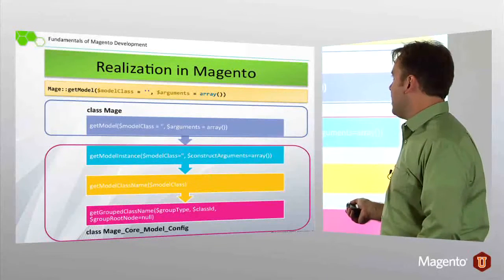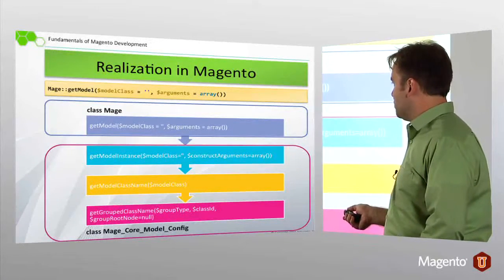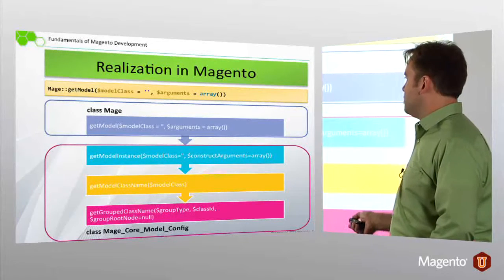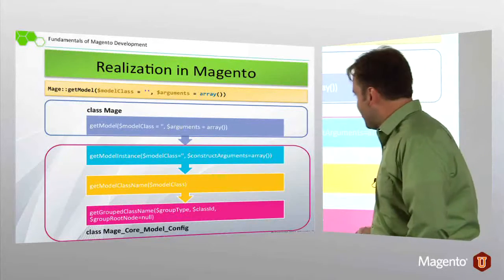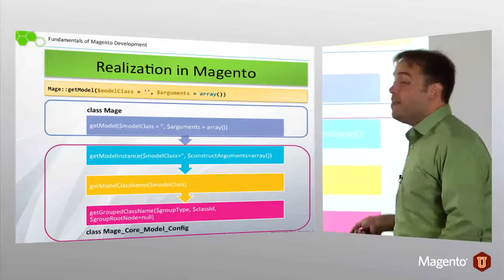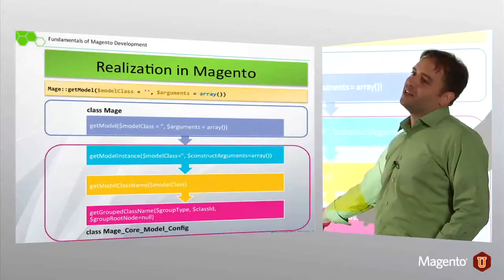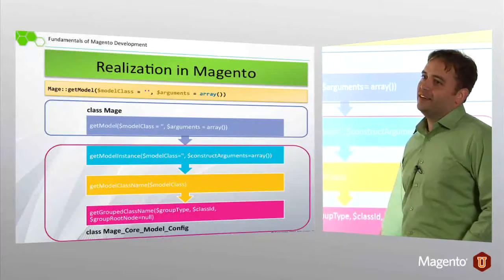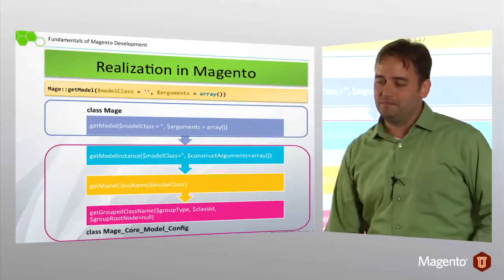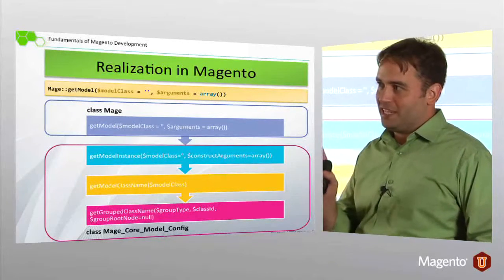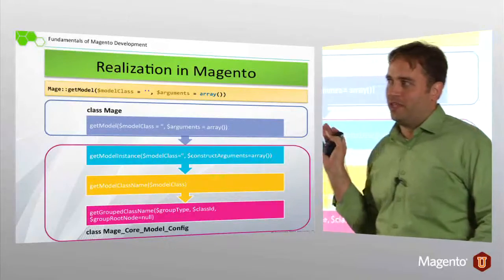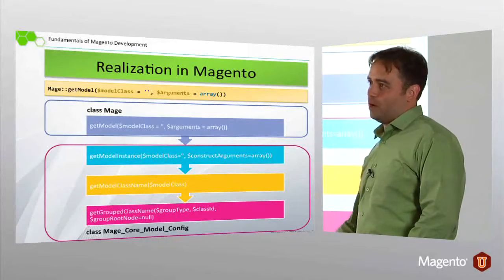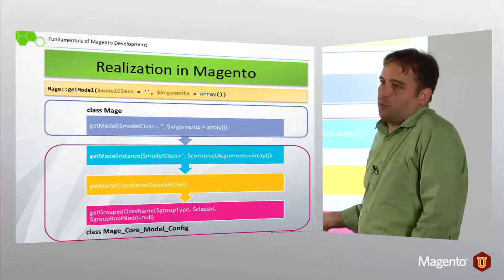That actually maps to getModelInstance. getModelInstance says getModelClassName. From getModelClassName we actually use getGroupClassName. This is the only authoritative documentation that I have for calling a particular thing in Magento, which we'll be seeing in just a moment: class groups. I always struggled with what to call it, short names, class prefix, what? It's class group in Magento.